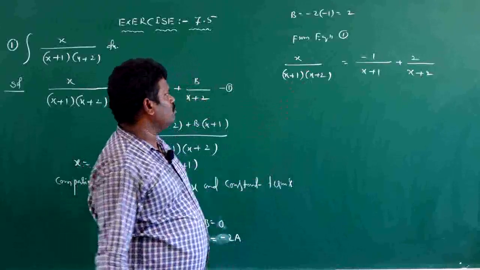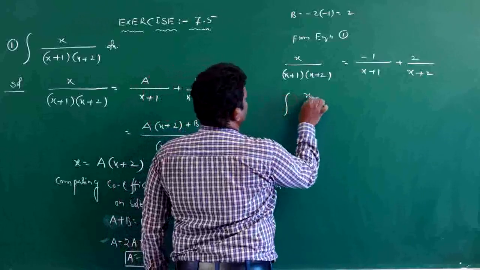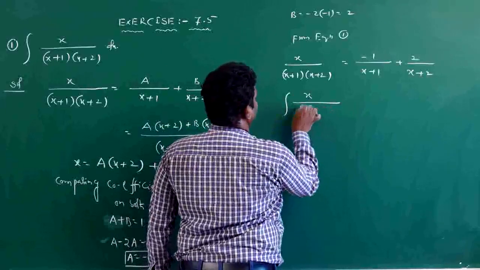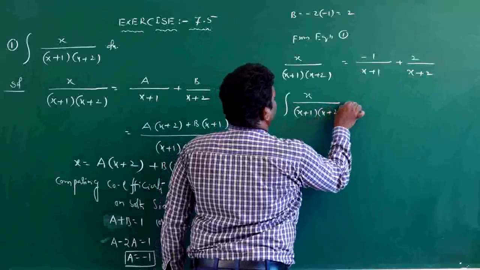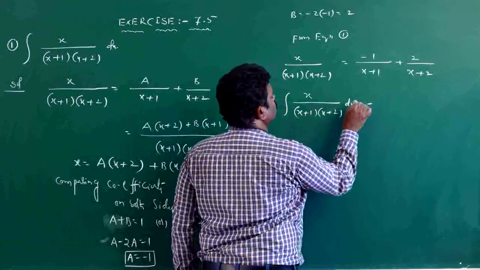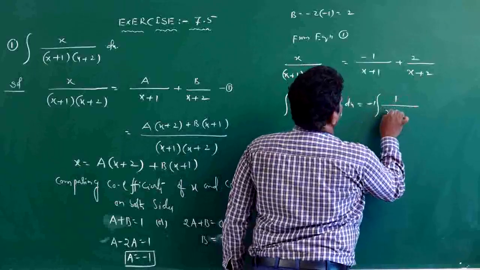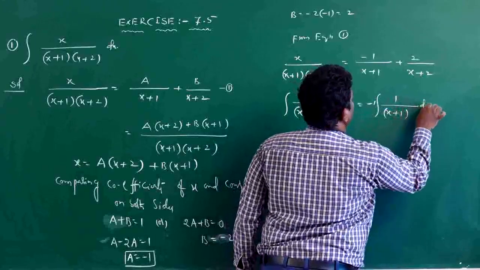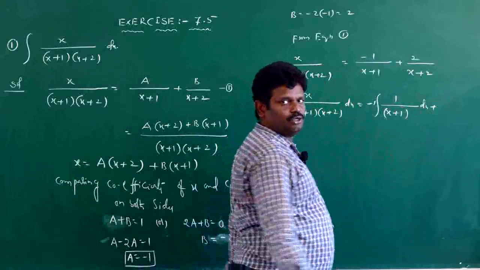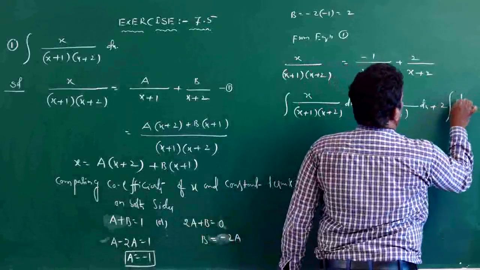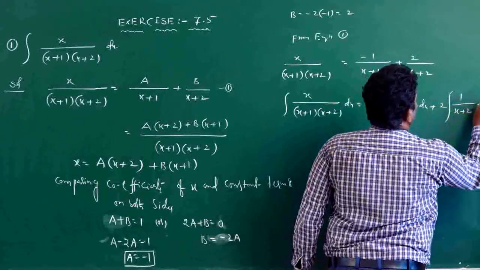Now integrate on both sides. So the integral of x by x plus 1 into x plus 2 dx is equal to minus 1 times the integral of 1 by x plus 1 dx plus 2 times the integral of 1 by x plus 2 dx.